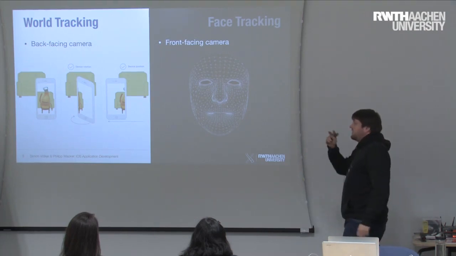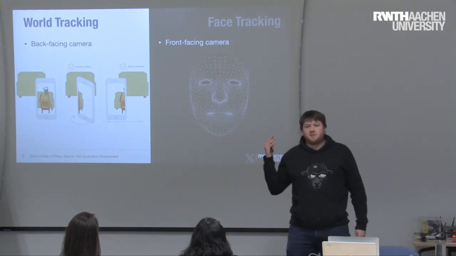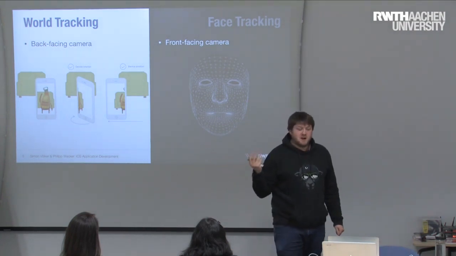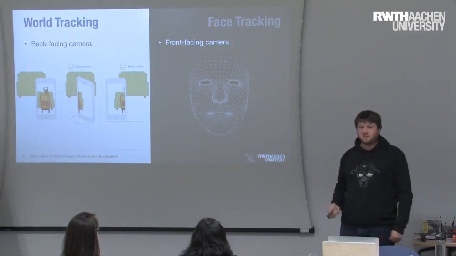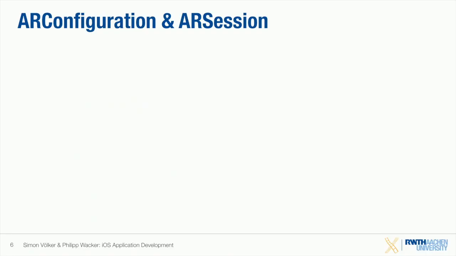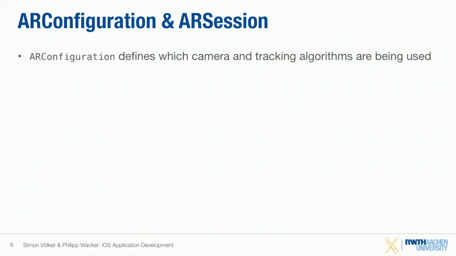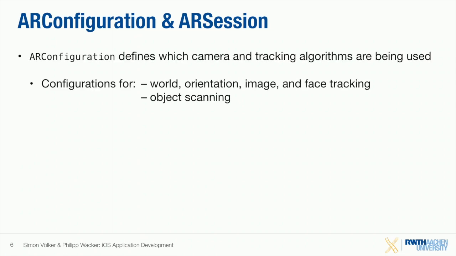So if you want to enable something like this for your project, there are two main things you need to set up. One is called the ARConfiguration, and the other is the ARSession. The configuration essentially defines what sort of things your system is looking for. So what are the camera and the different tracking algorithms looking for?